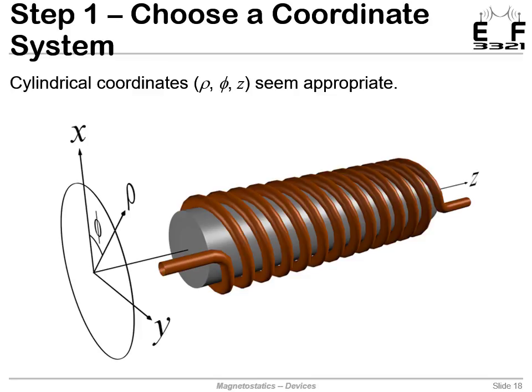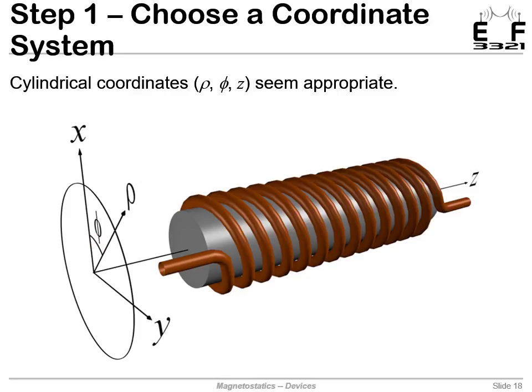Step 1, choose a coordinate system. Well, our solenoid looks rather cylindrical, so I think cylindrical coordinates seems appropriate. We'll let the z-axis run through the center of our solenoid. And then we have this distance rho, that'll be in the radius direction of the solenoid. And then we have our angle phi, which is the angle off of the x-axis.